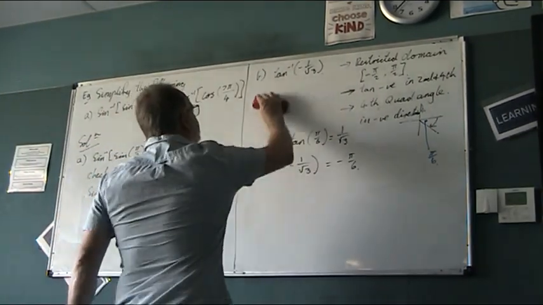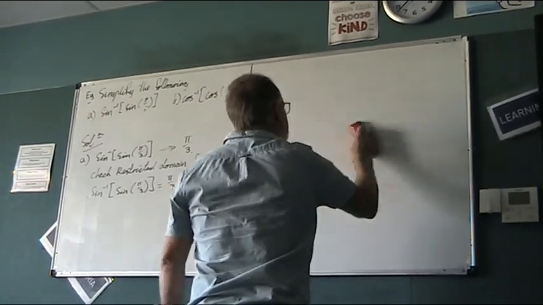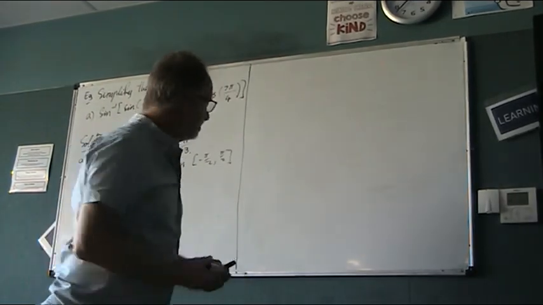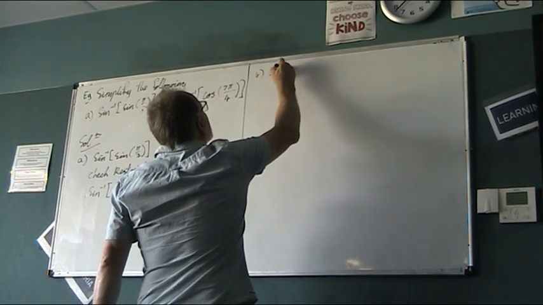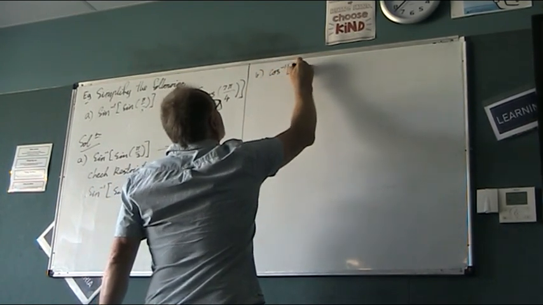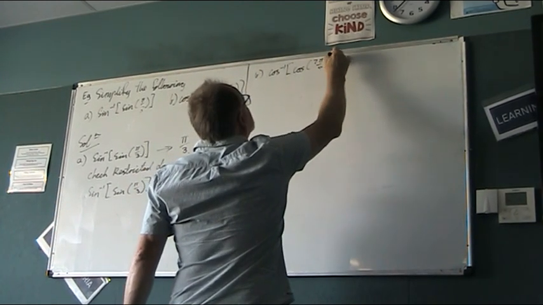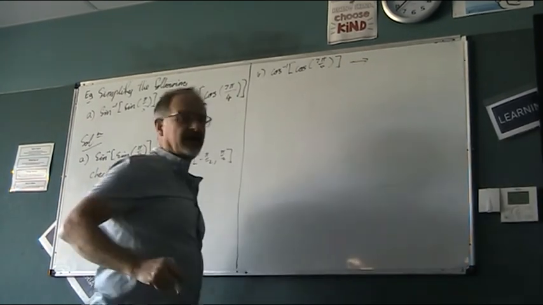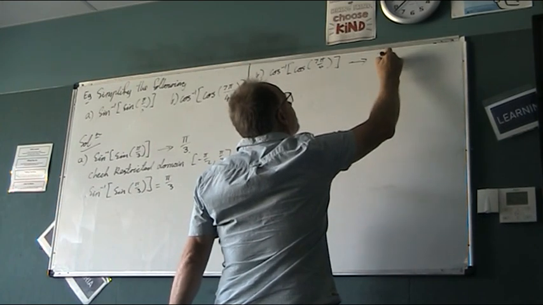The next one, part B. Part B is cos minus 1 of cos 7 pi on 4, which suggests, if they're cancelling each other out, that the answer might be 7 pi on 4.